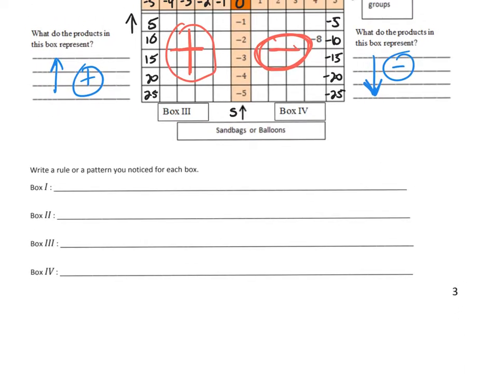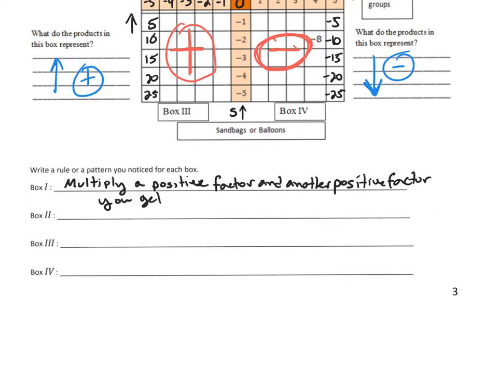Well, box 1, when you multiply a positive factor and another positive, you get a positive product.